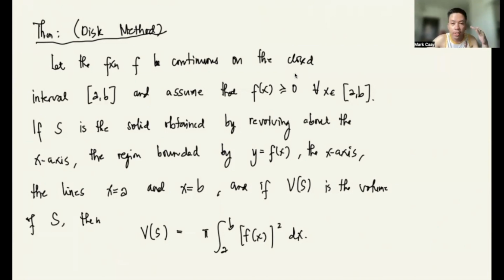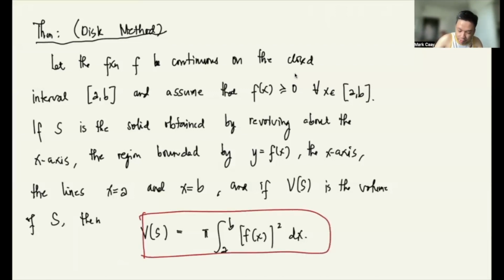So remember, yung sa example, yung illustration natin kanina, continuous yung function on the closed interval ab, and assume that f of x is greater than or equal to 0 for every x in the interval. So if S is the solid obtained by revolving about the x-axis that given region, the region bounded by f of x, the x-axis and the lines a and b, its volume is given by this formula.